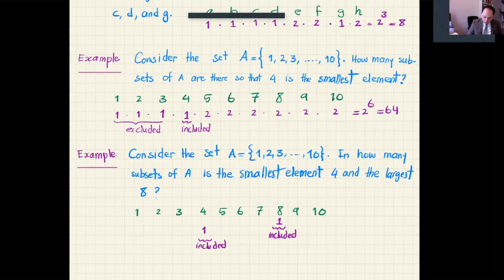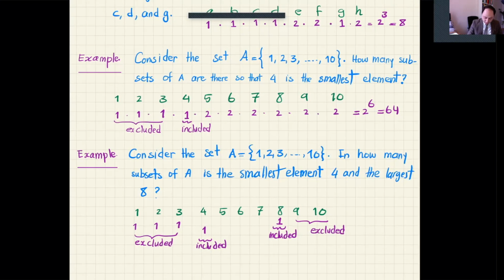And then because 4 is supposed to be the smallest, none of the previous numbers should appear in my subset. So this is 1, 1, 1. They have to be excluded. And then because 8 is supposed to be the largest, 9 and 10 have to be excluded as well. Otherwise, 8 cannot be the largest one. But any other one has two options.